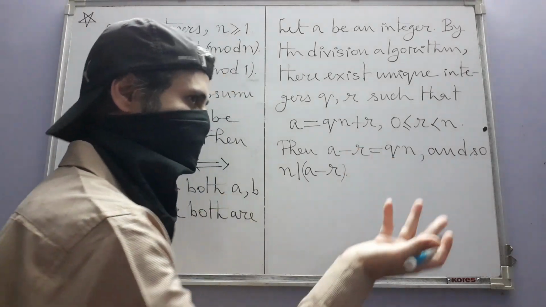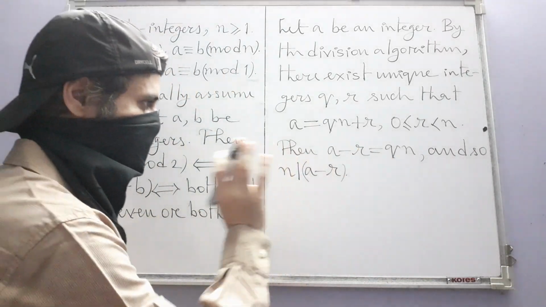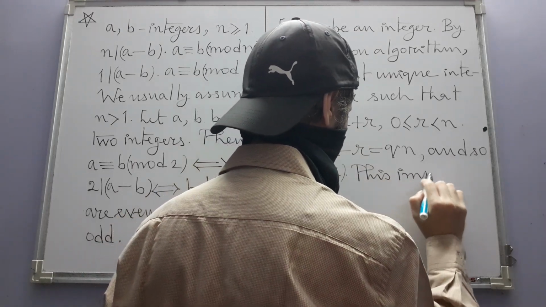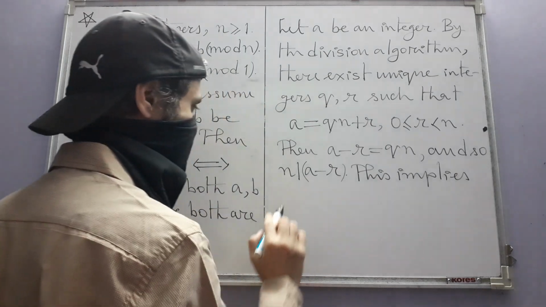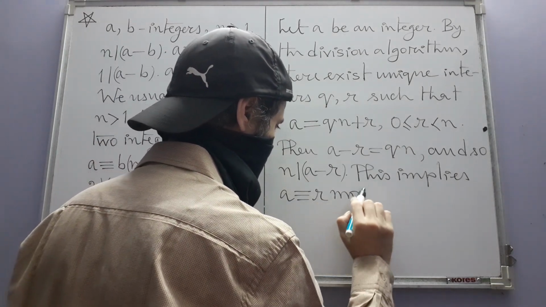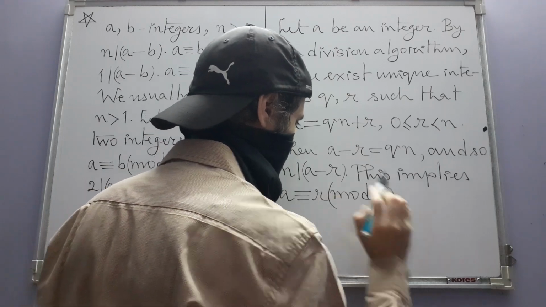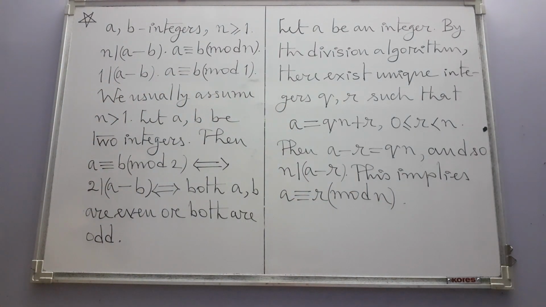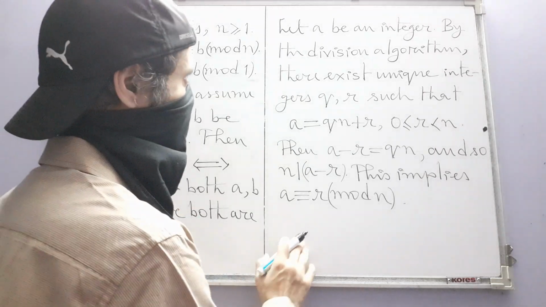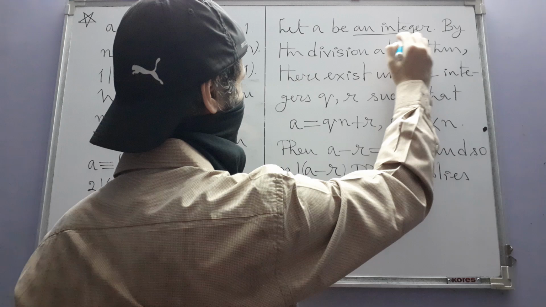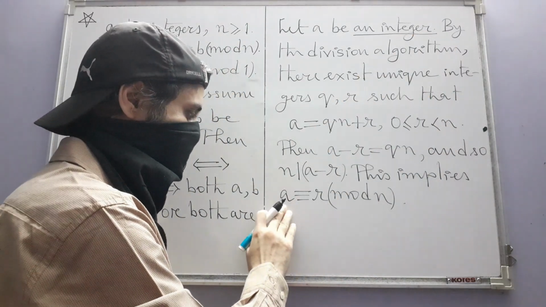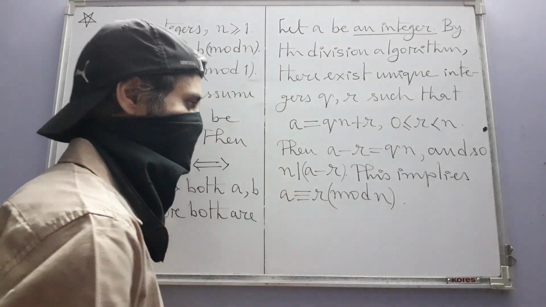Because for us n is positive, that means it's non-zero. So we have this. But this implies that a is congruent to r mod n. Okay, but what's the big deal about this? See, the thing here is that a is an integer, any integer. However, we have found that any integer is congruent to r modulo n.